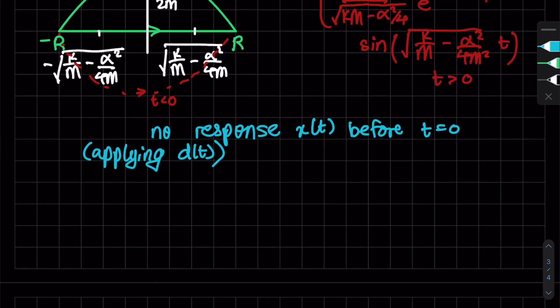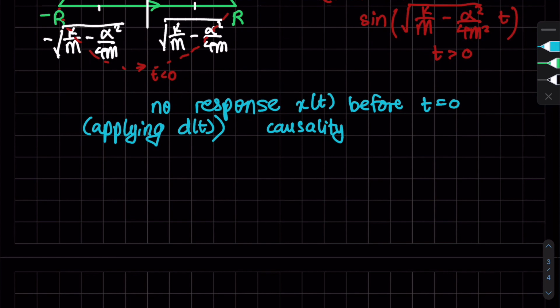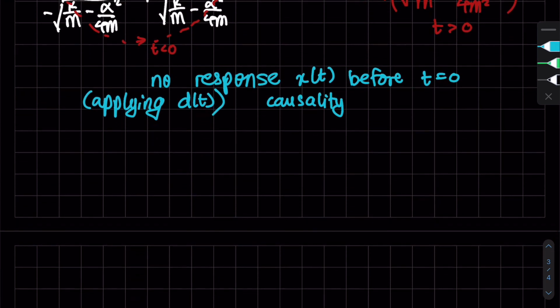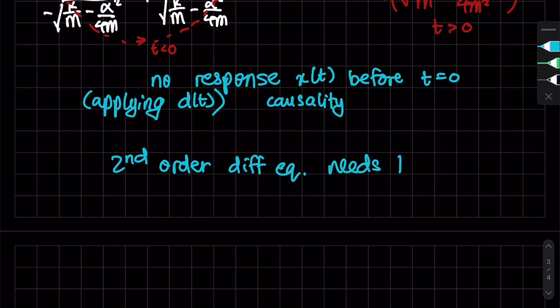This is also called causality, because if the cause is not present, then the consequence, the effect, will not take place. One thing to note is a second order differential equation needs two initial conditions.